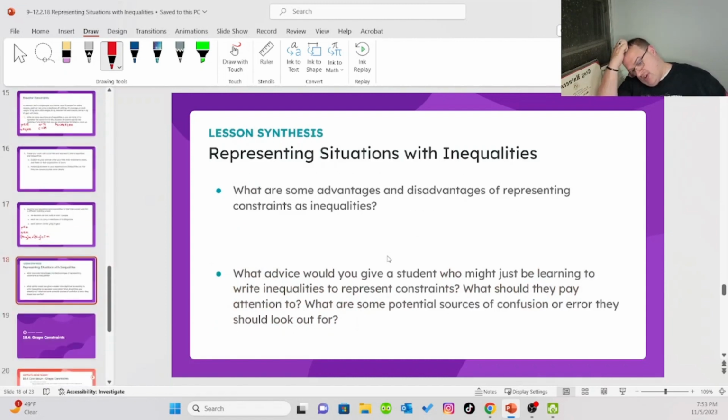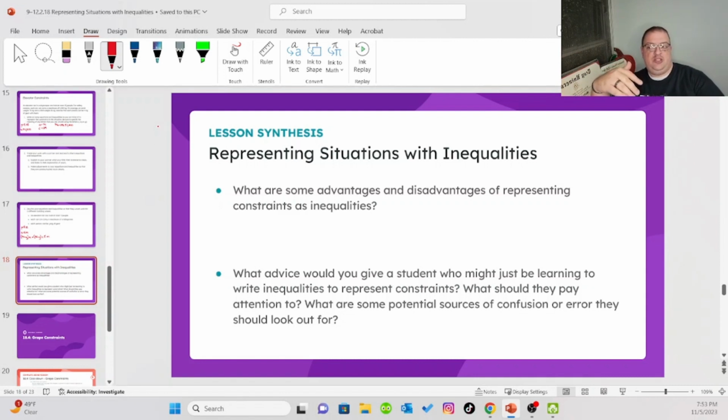So now we have our lesson synthesis. What are some advantages and disadvantages of representing constraints as inequalities? So advantages are having a wider range of values. Now the left doesn't have to exactly equal the right.